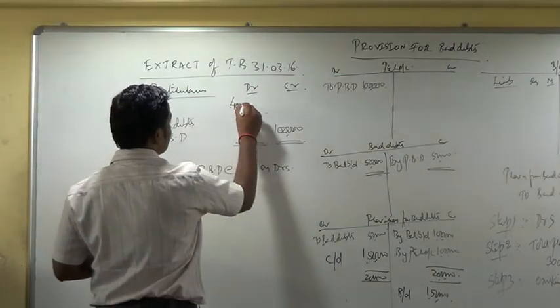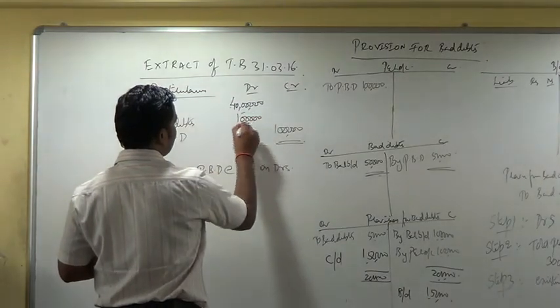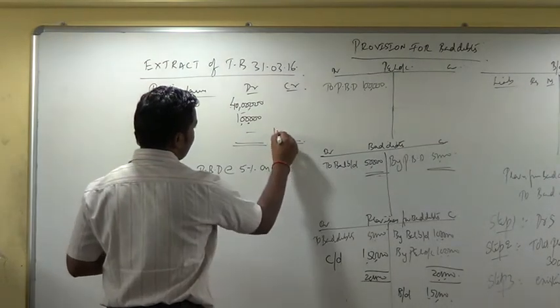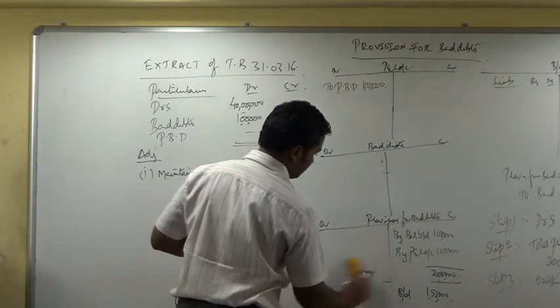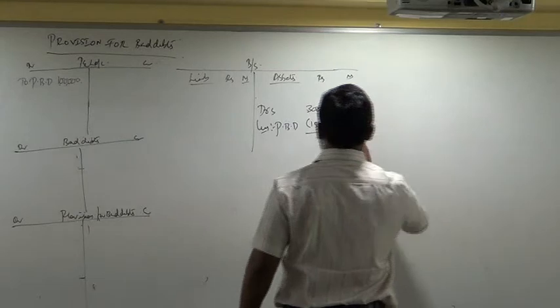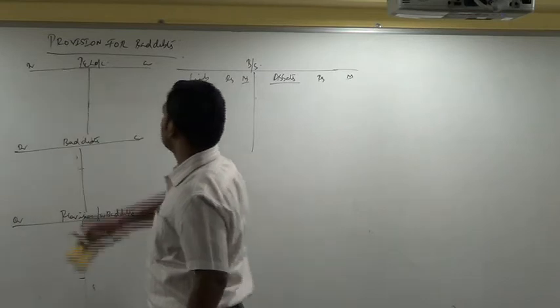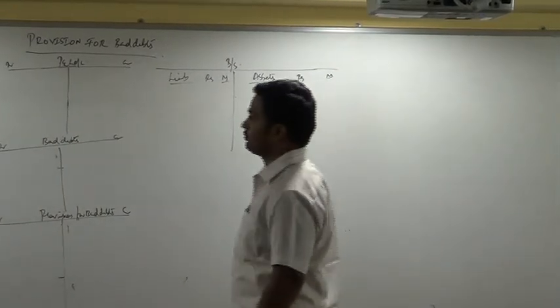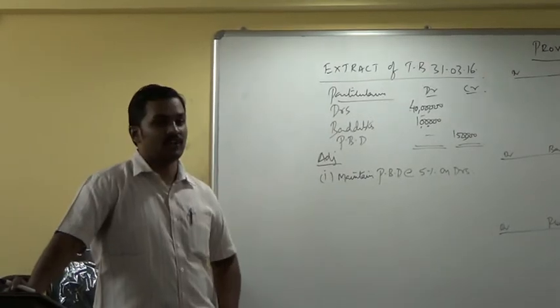Debtors showing a debit balance of 40 lakhs.